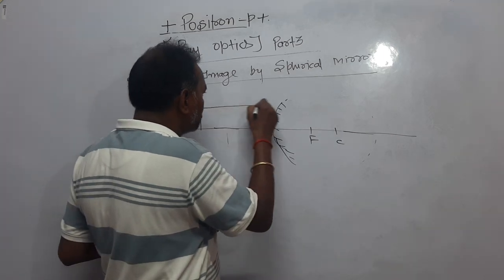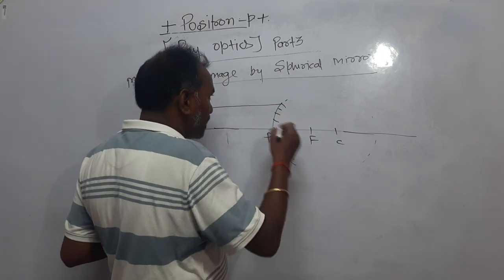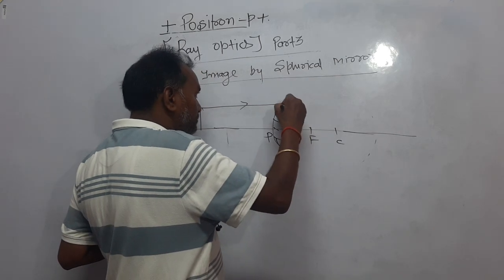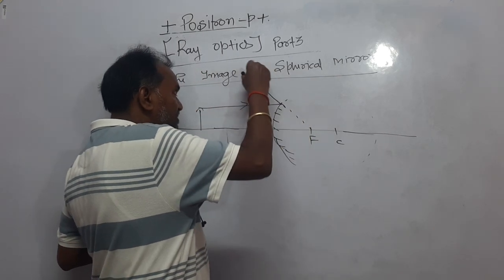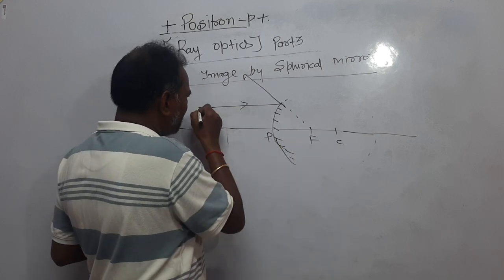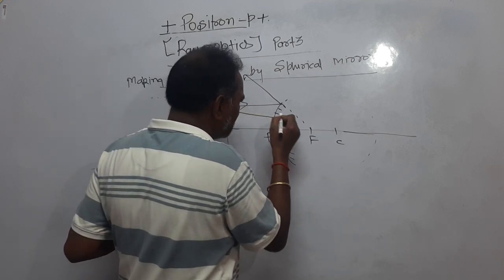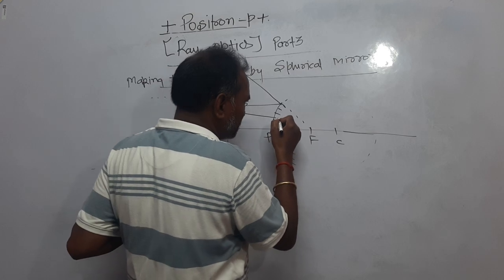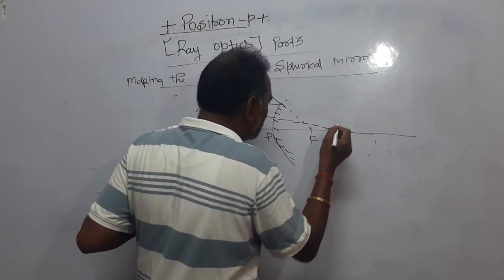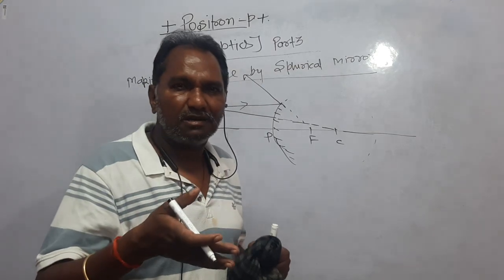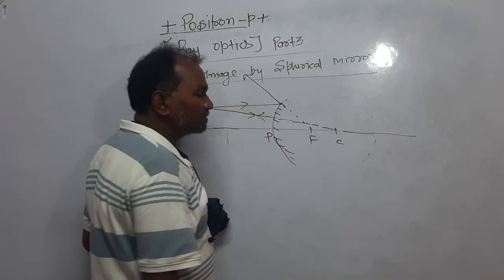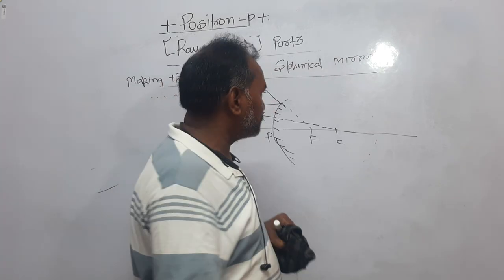A ray parallel to the optical axis after the reflection appears to come from the focus in this way, right? Another ray, let it be moving towards the center of curvature, right? A ray appearing to go towards center of curvature, after the reflection, returns back and follows the same path.